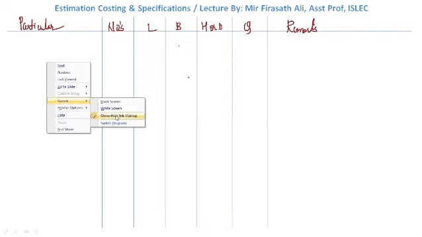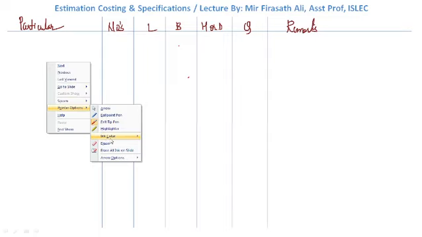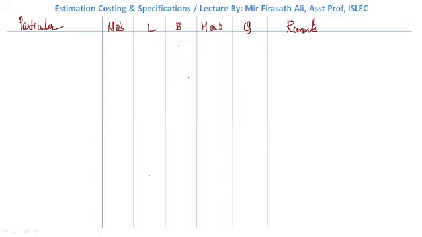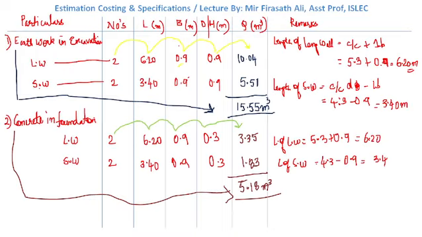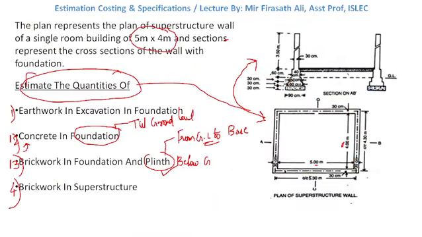So what is our third particular? Third particular is brickwork in foundation and plinth. As we can see over here, we have long walls and short walls.